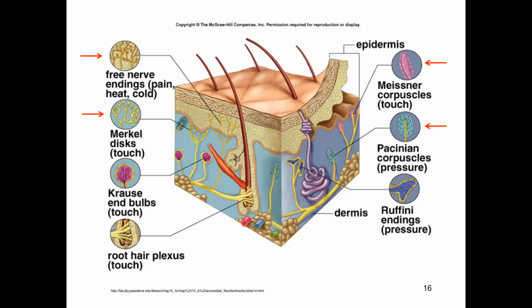So I'm doing that right now, actually. You can give that a try, but that information is being sent by your root hair plexus to your brain, that someone is stroking the outer layer of your skin without touching your skin, just touching your hairs.